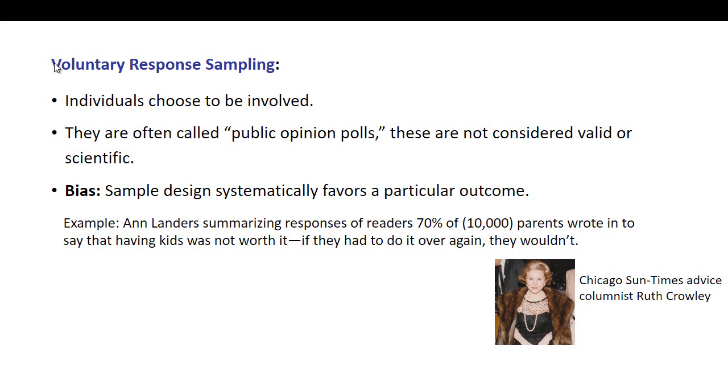She asked her readers to write in about having kids, and whether it was worth it, and if they had to do it over again, would they do it again? She summarized the responses she got from her readers, and what she obtained was that 70% of the parents who wrote in said that having kids was not worth it, and if they had to do it over again, they wouldn't do it.